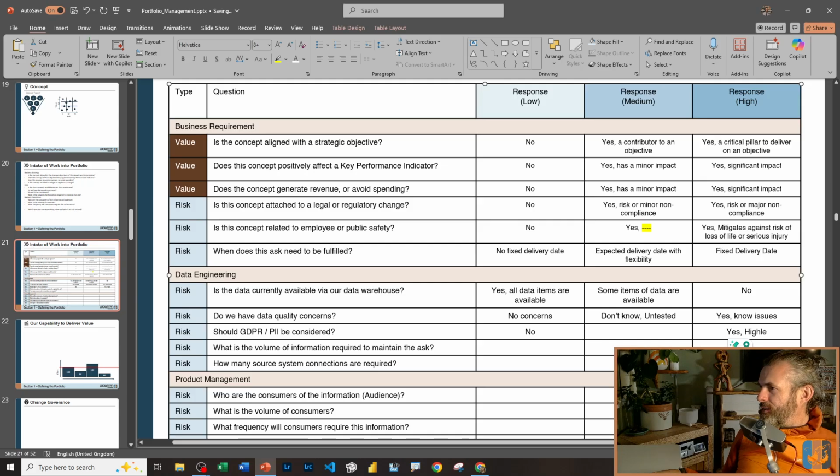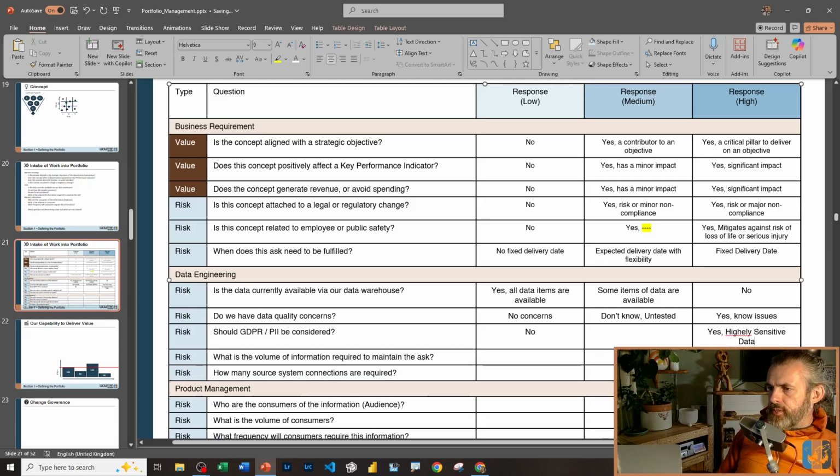Are we back? I pressed sleep on my keyboard, which I didn't mean to. Right. Where we at? Should GDPR PII be considered? No. So if it's a yes, highly sensitive data.